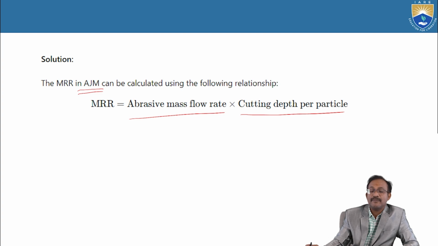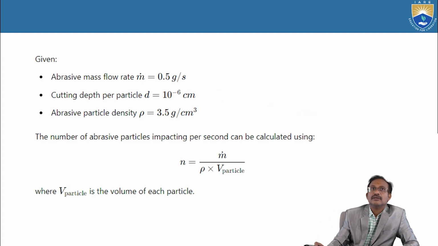The abrasive mass flow rate M is 0.05 grams per second. Cutting depth per particle D is 10 power minus 6 centimeters. Abrasive particle density is 3.5 grams per cubic centimeter.